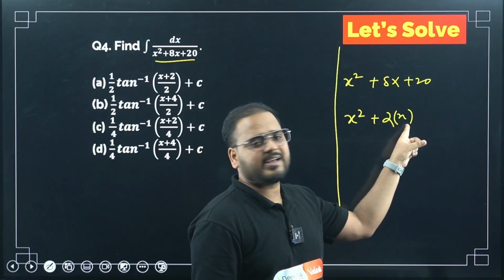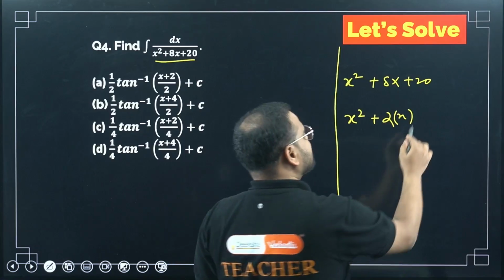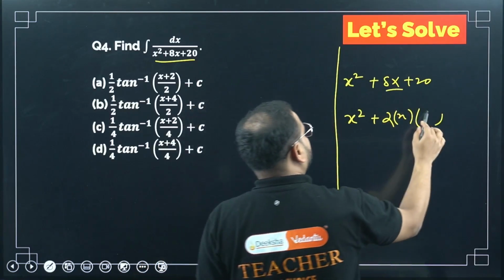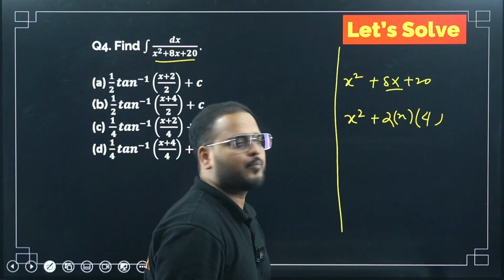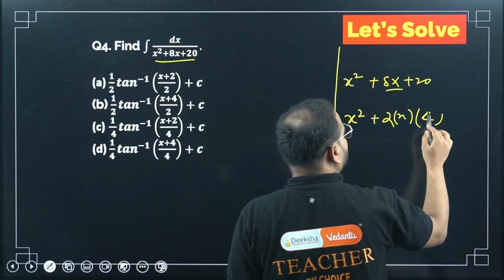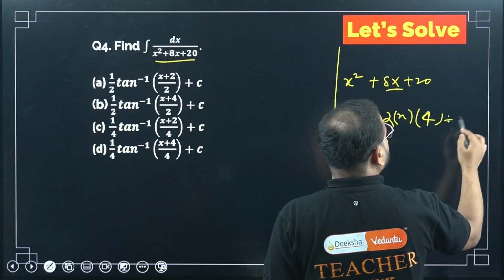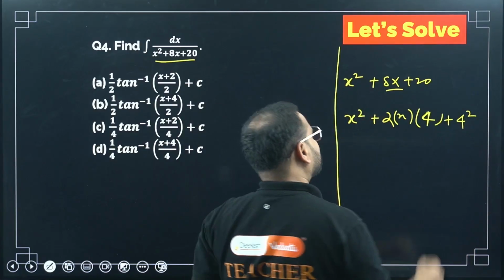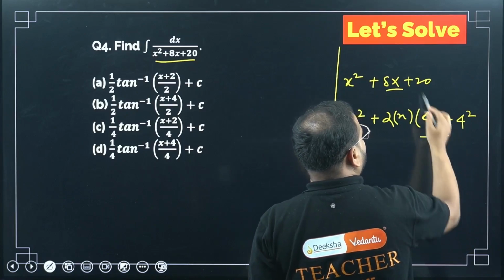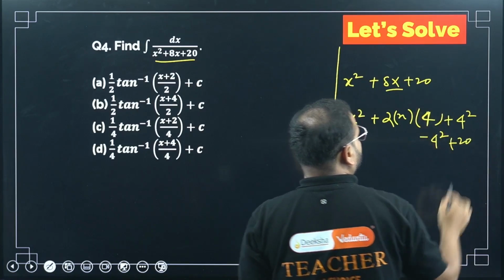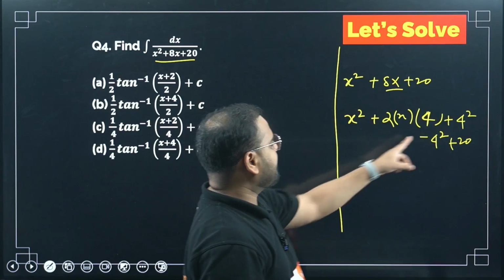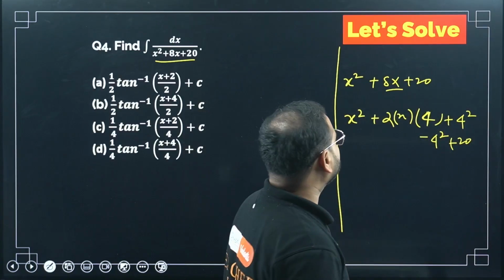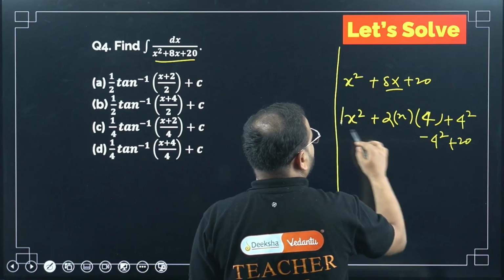Now what is to be written here to get 8x? 4, sir. So from 2ab you get your b term very easily. So my b term is plus 4 square. Yes or no? B square. Extra I have added, so subtract that: minus 4 square. And whatever is there, you write that also. Please check. I have added a 4 square, so that's why I have taken it out, and 20 was given in the question only, so I wrote it like this. I'll club this part together.